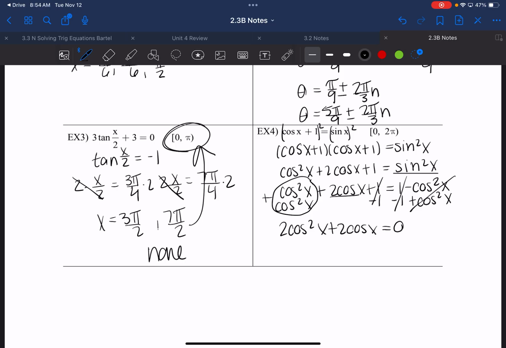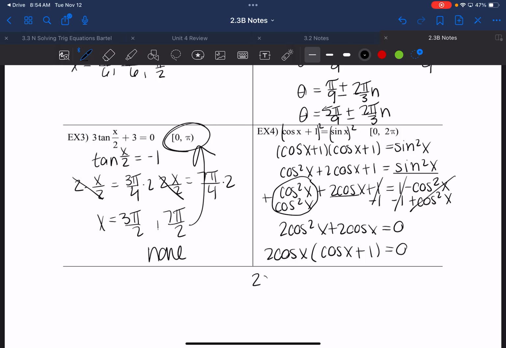So anything we could maybe simplify here? Anything we could maybe pull out of both terms? Let's pull out a 2 cosine. If I pull out a 2 cosine, I would be left with cosine of x plus 1. And that is something that we could say is our 2 factors and set them each equal to 0.